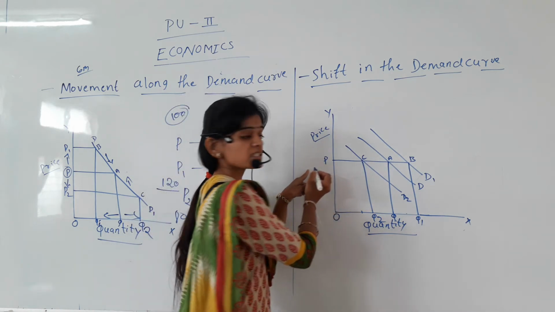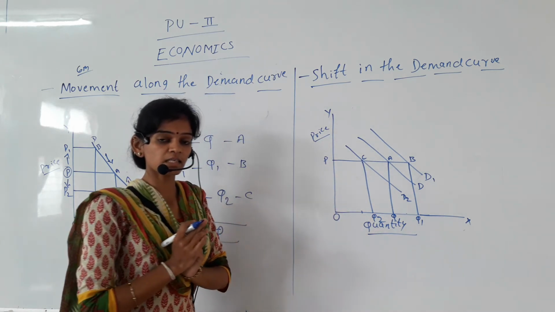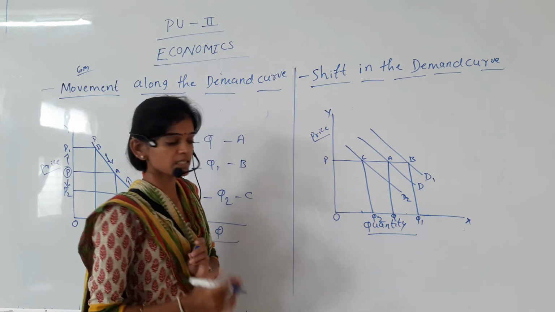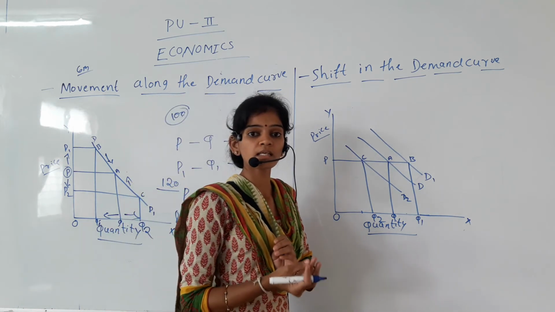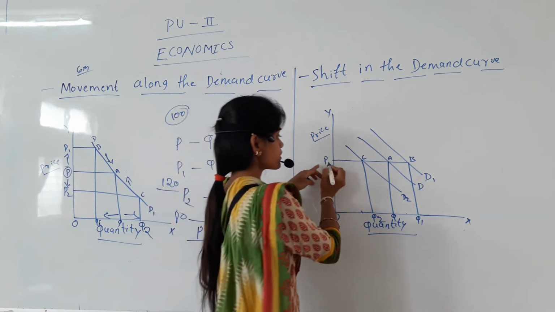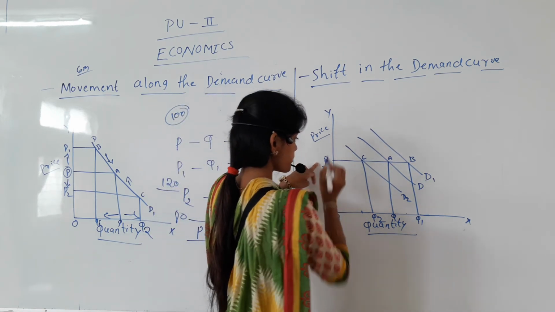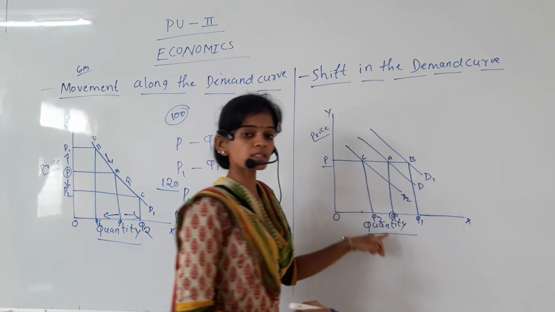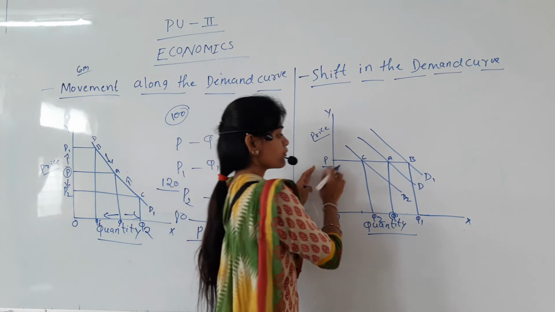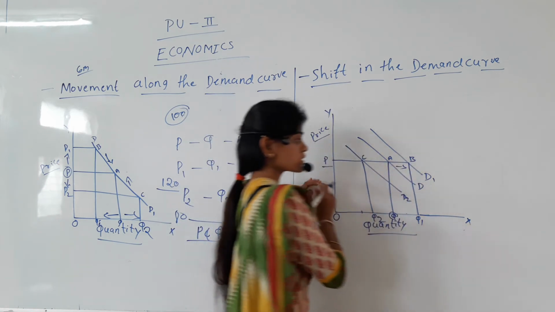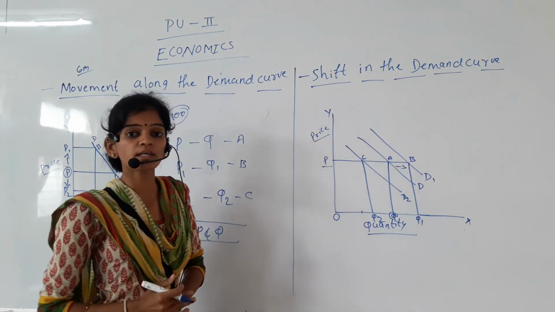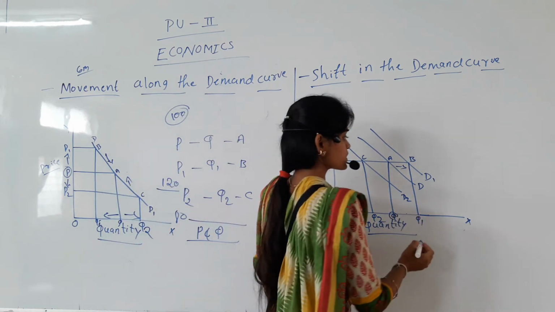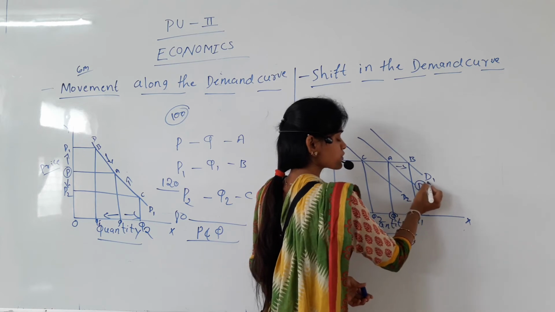Here we are considering price P as a constant, and other factors are changing, like income, preference, expectations. When the price is P, the equilibrium point is A and Q is the quantity. When the consumer purchases more quantity of a good at a constant price, like a favorable good, then the demand curve will shift to D1.